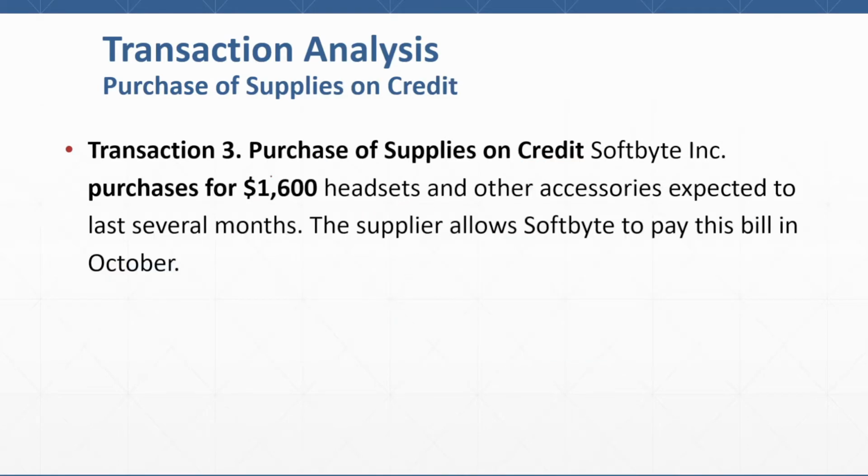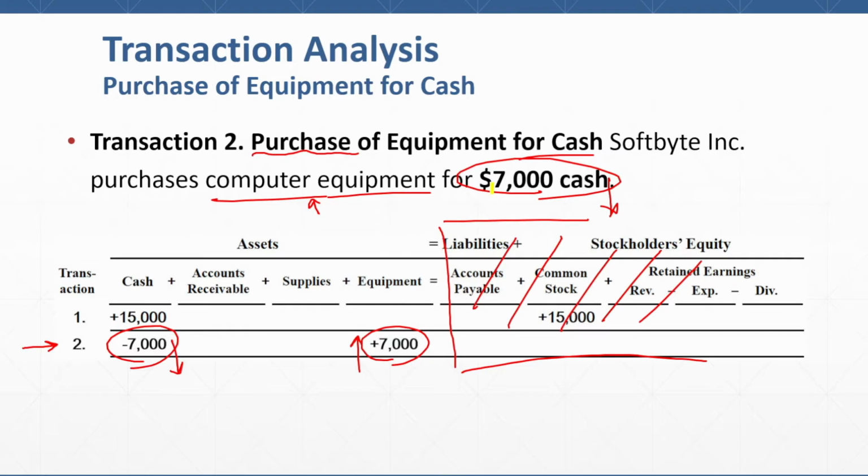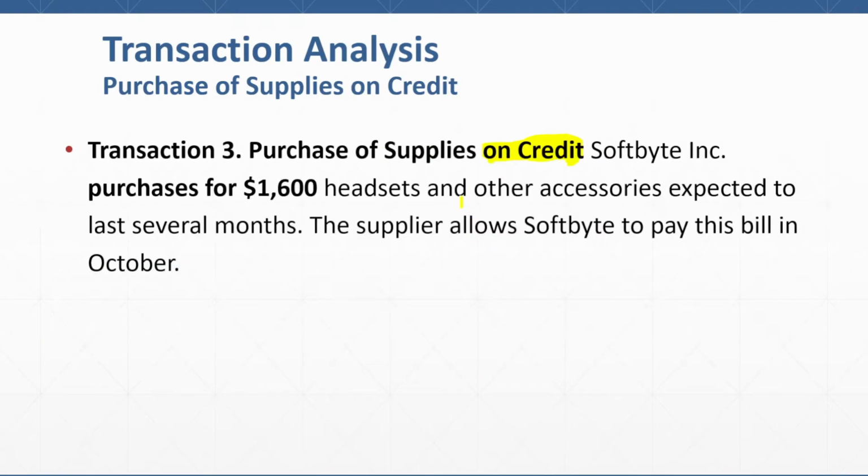So in transaction 3, purchase of supplies on credit. So this term is important. Let me go to the previous slide here. As you can see here, we purchased equipment for cash. Okay. But here we are purchasing something on credit. So these two are two different terms. When we purchase something for cash, we give up real money.